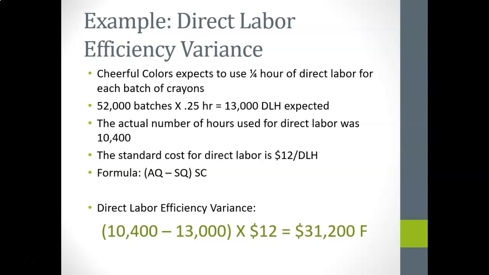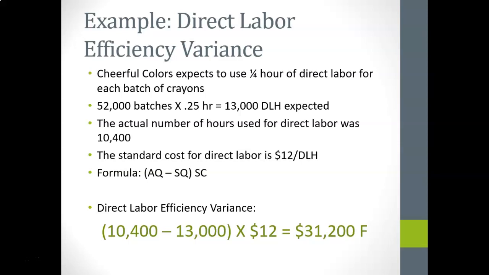Now we'll take a look at the efficiency variance. This looks at how many hours we used compared to how many hours we thought we would use. Now remember that we expect to use 1/4 of an hour of direct labor. So we have 52,000 boxes of crayons times 1/4 of an hour. So we expect to use 13,000 direct labor hours.